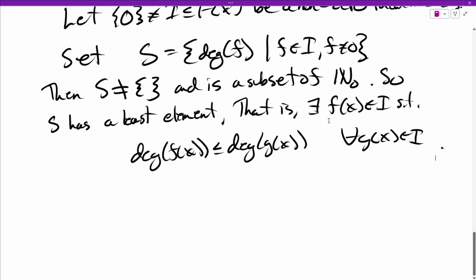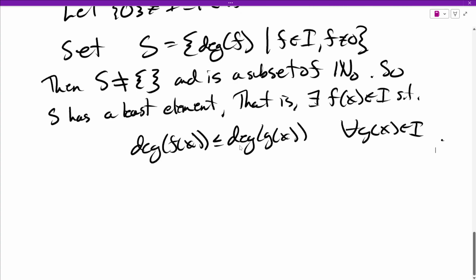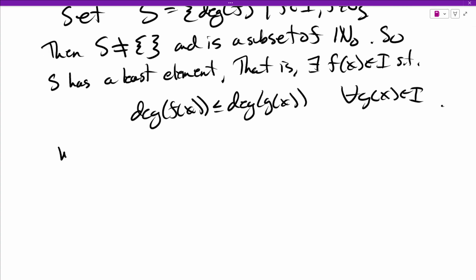Now we have to argue that the ideal this smallest guy generates is all of I. So we now show that I is the ideal generated by f of x.